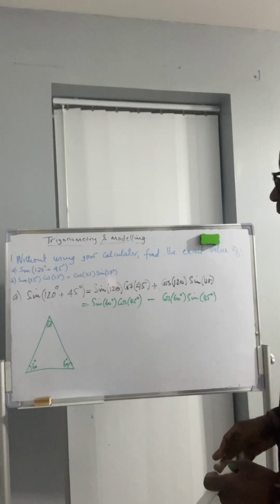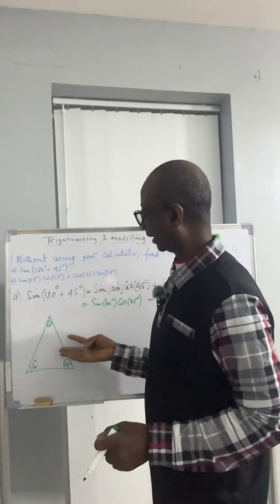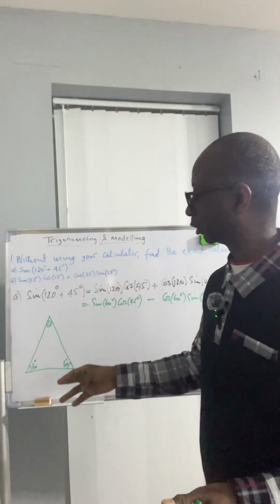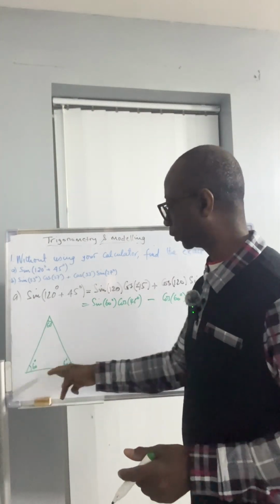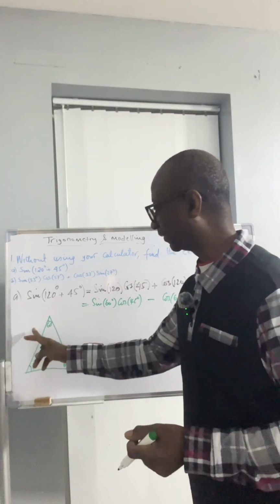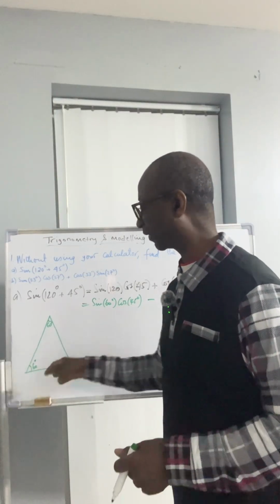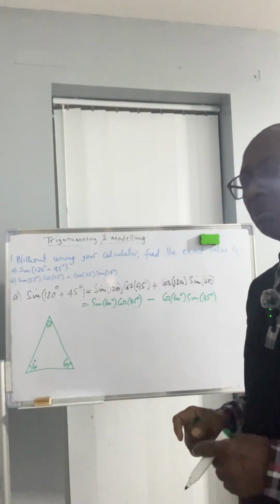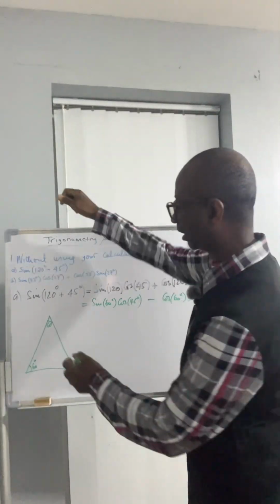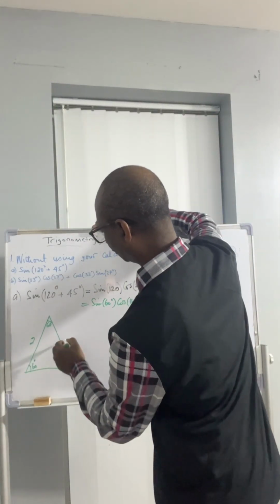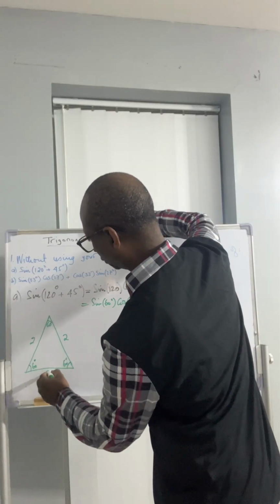So I want to make the lengths equal. I can give this one 100 units, 100 units, 100 units, it doesn't matter. I can give this side 1 unit, 1 unit, 1 unit, it doesn't matter. I can give 5 units each, it doesn't matter. But for the sake of simplicity, I want to give it 2 units each.